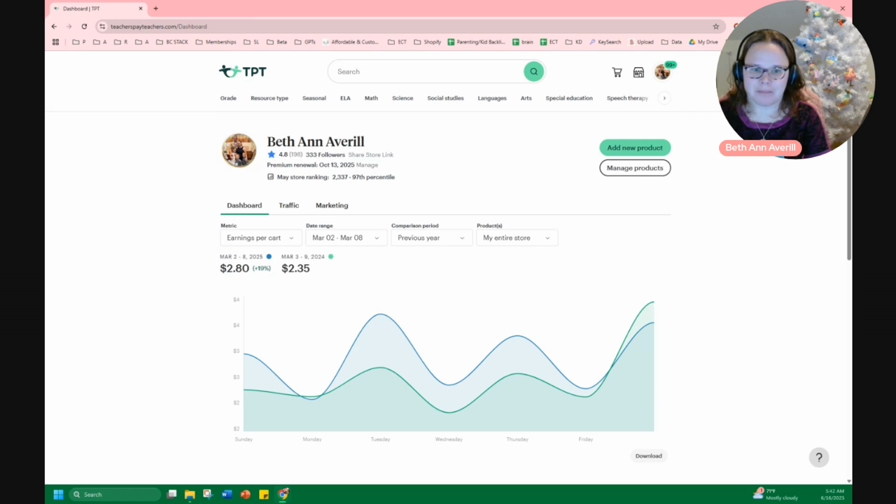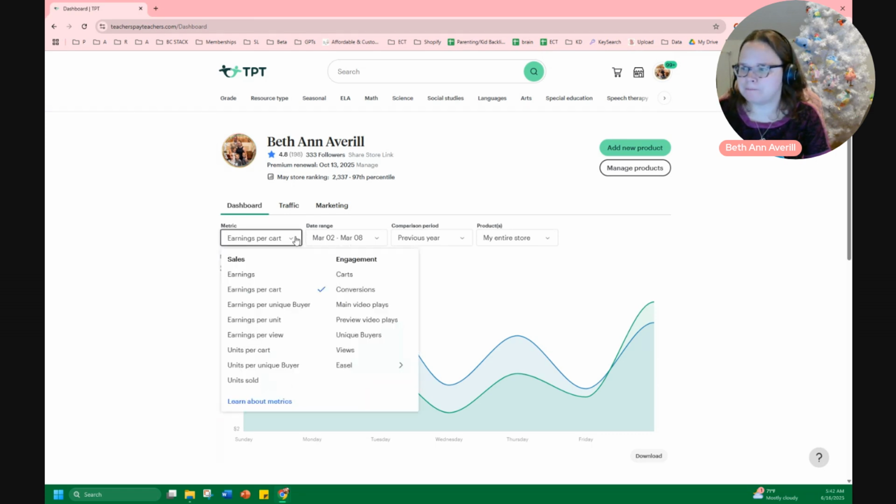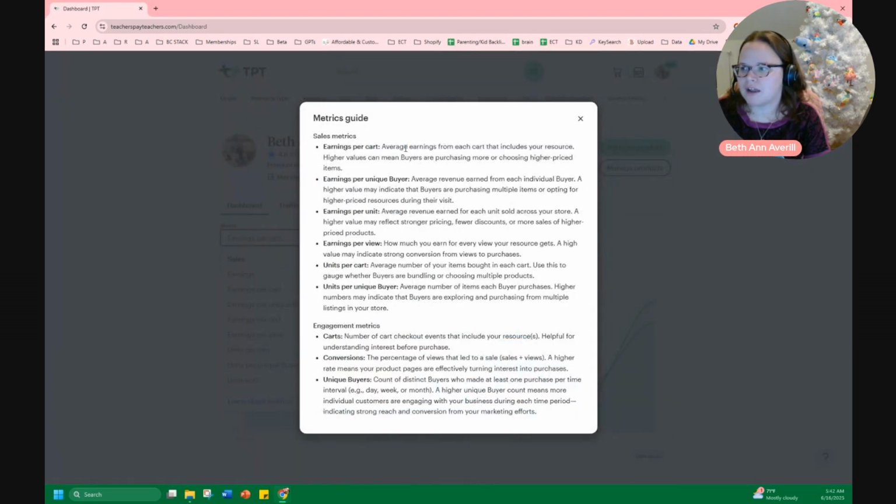Next, I wanted to talk about earnings per unit. So there's earnings per cart, earnings per unit, earnings per unique buyer. If you look at these metrics right here, you can see all of the new things and they tell you about it here. If you click on this, it'll tell you earnings per cart: average earnings from each cart that includes your resource. Higher values can mean buyers are purchasing more or choosing higher priced items. For units per cart, it's the average number of your items bought in each cart.